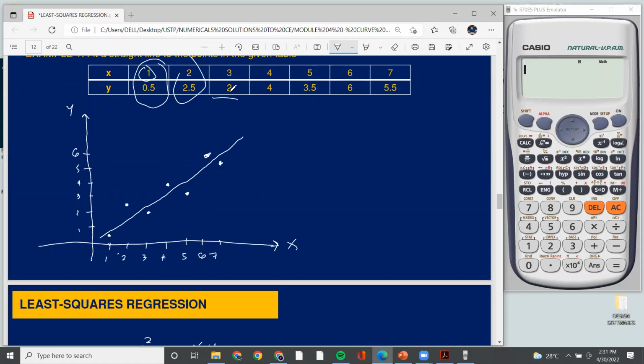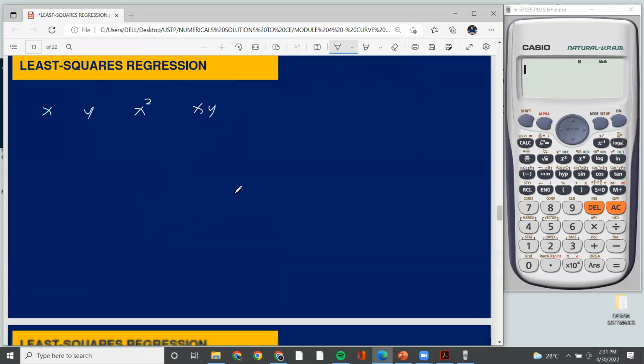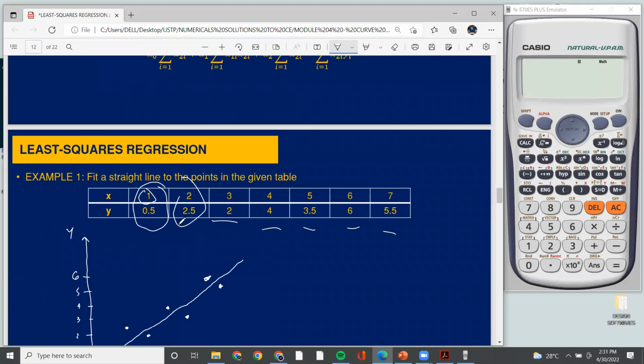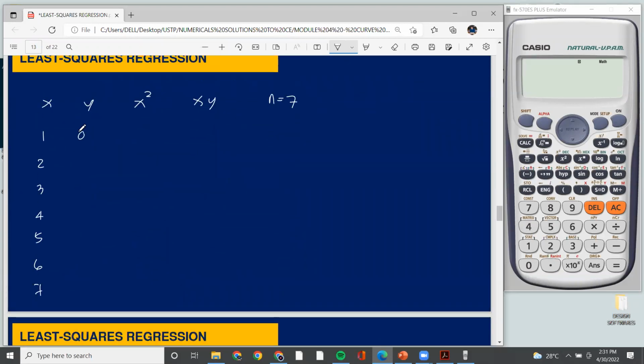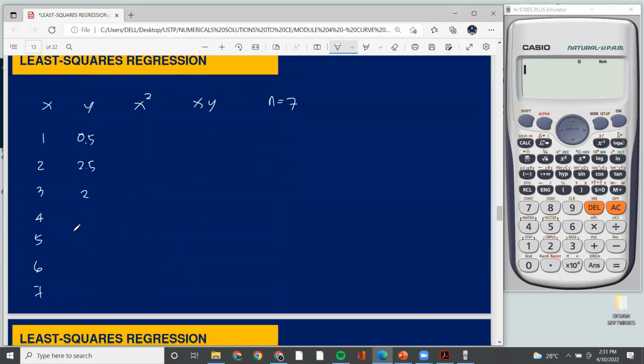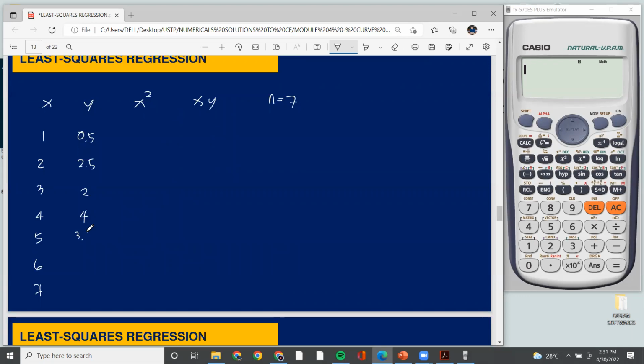1, 2, 3, 4, 5, 6, 7. So atong n is 7. Okay, so first we have x: 1, 2, 3, 4, 5, 6, 7. The y: 0.5, 2.5, 2, 4, 3.5, 6, and 5.5.